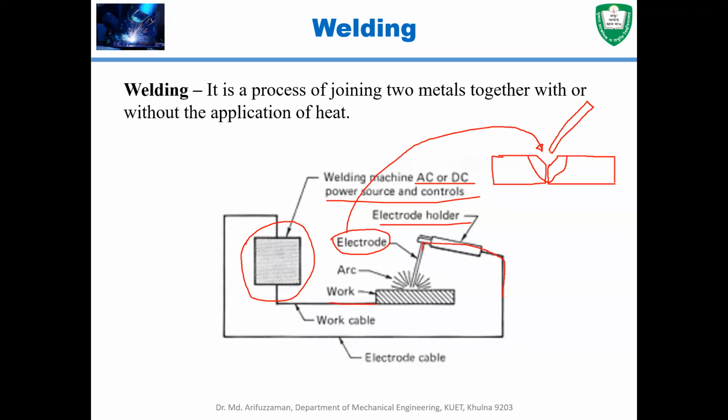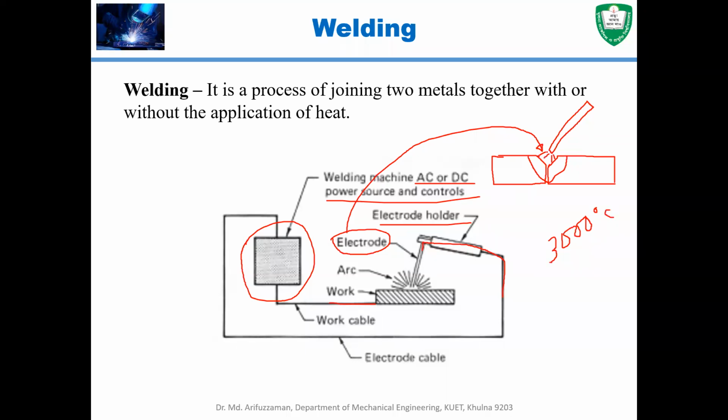Due to the gap between electrode and workpiece, there will be air resistance in this location, and because of that air resistance, low voltage and high current density, an arc is generated. Due to the generation of the arc, the temperature will increase to about 3000 to 4000 degrees Celsius.